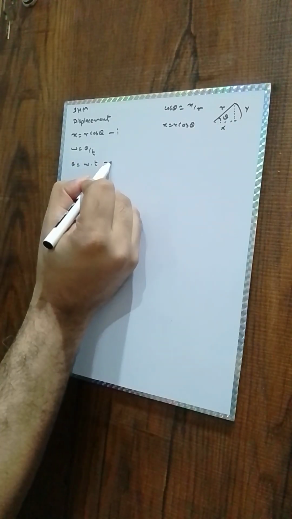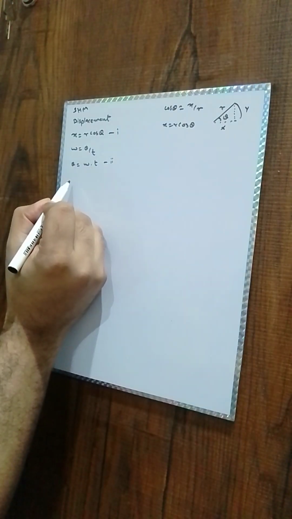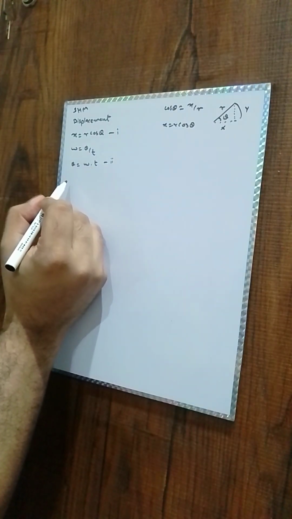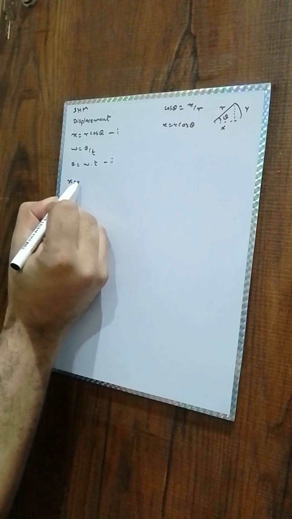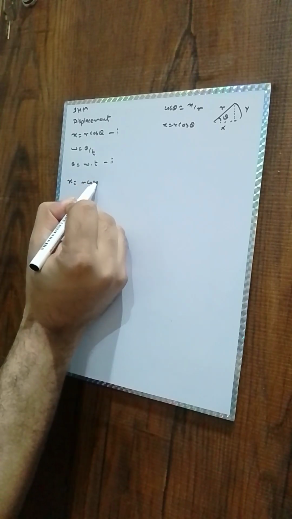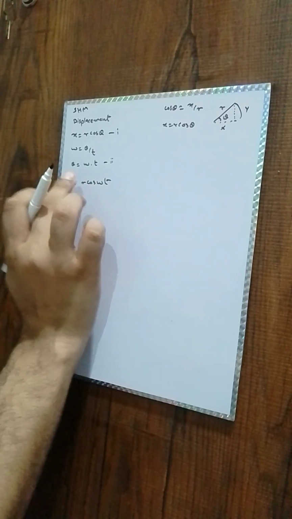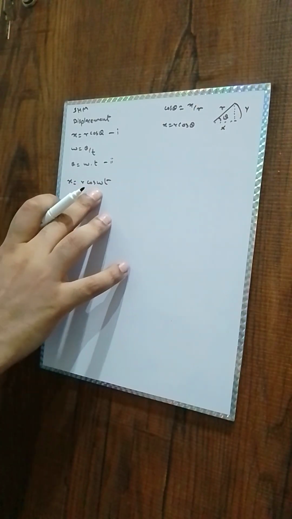Yes, so now we substitute this omega t in place of theta, so x becomes r cos omega t. Now we have the displacement in terms of radius and the cosine component of the product of angular velocity omega and time t.